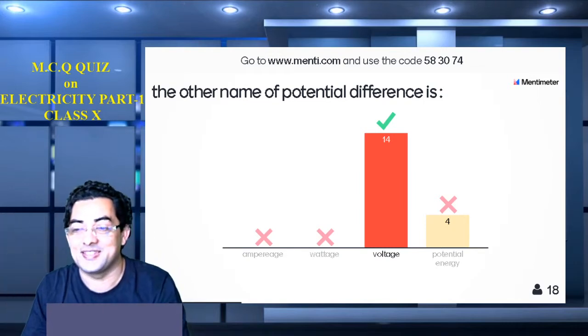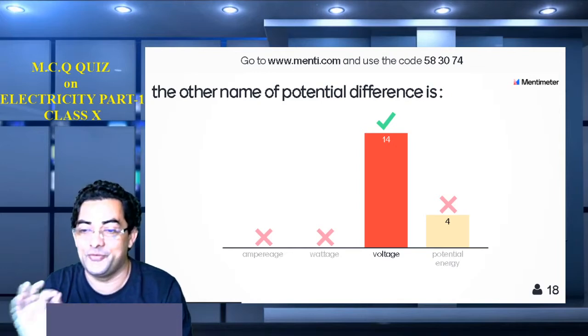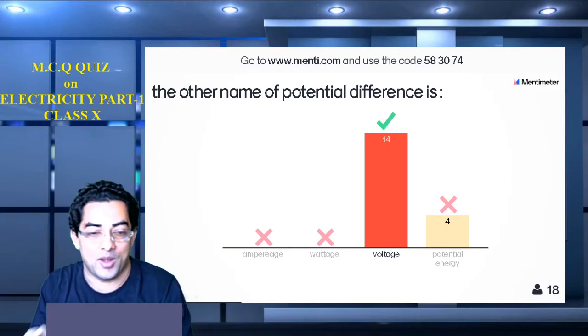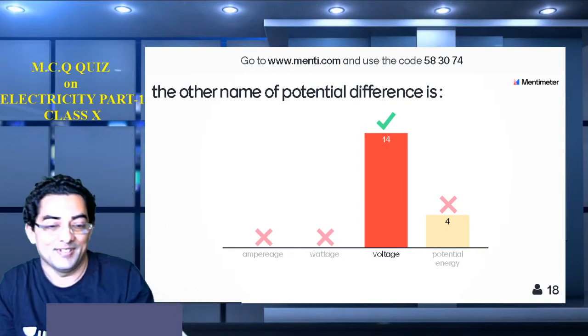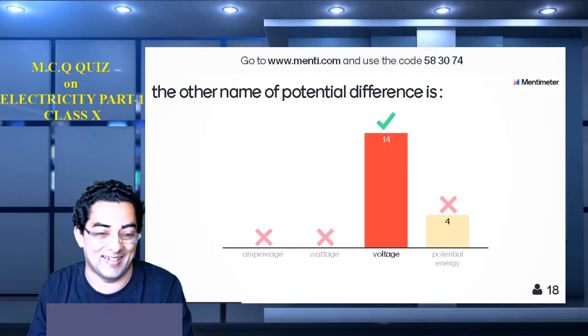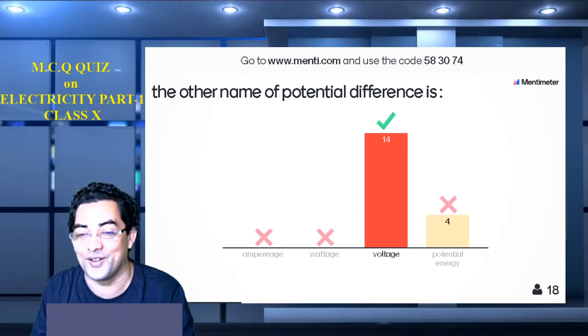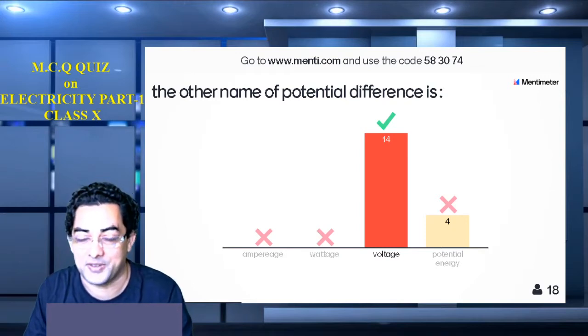Potential difference का unit भी है volt. करेक्ट. पोटेंशियल डिफरेंस को वोल्टेज भी बोला जाता है, क्योंकि पोटेंशियल डिफरेंस इज ऑलवेज रिटन एज लाइक 1.5 volts, 2 volts और समथिंग लाइक दिस. Afra's making faces. What happened? Wrong हो गया. Potential energy नहीं है. 4 of you got it wrong. Right? It is voltage. The other name of potential difference is voltage.